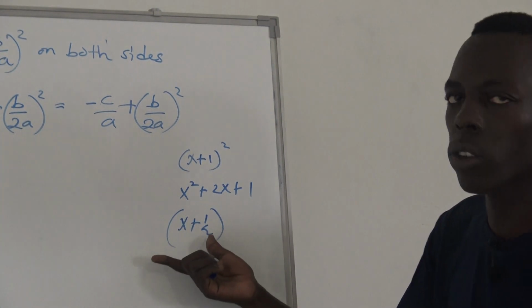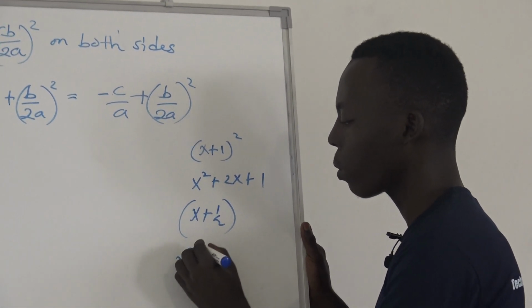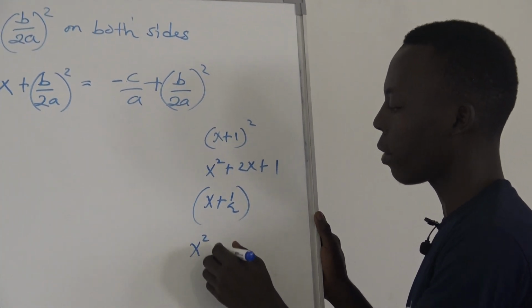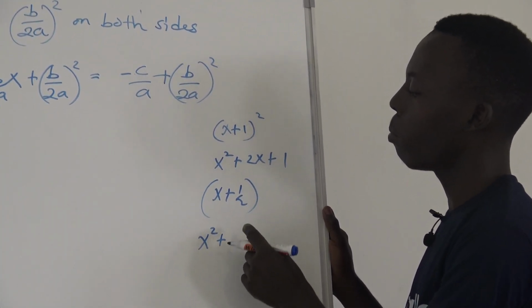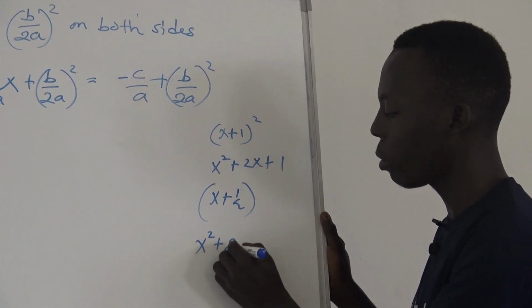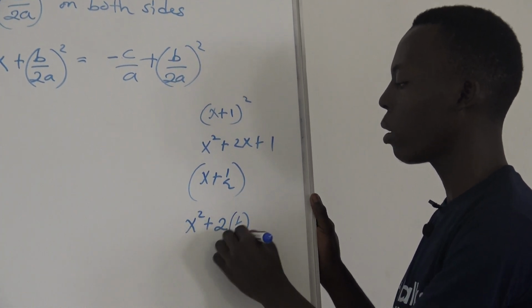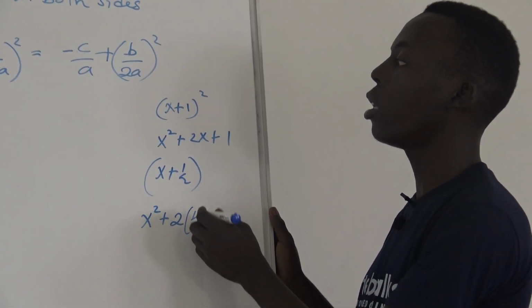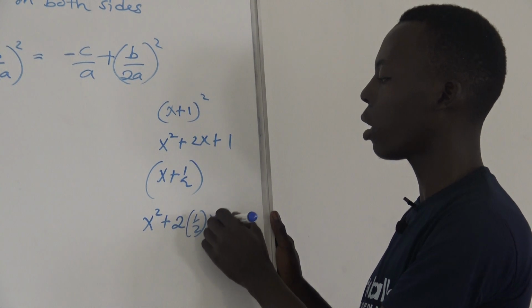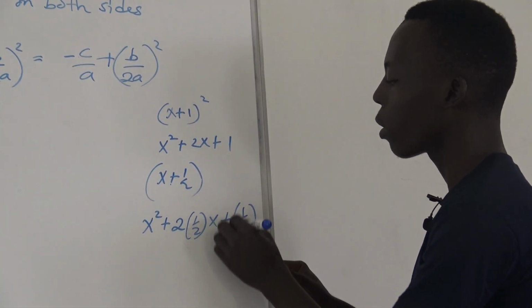So for this case, when you're expanding this, you get that value which is x squared, then plus, because this one is going to appear 2 times the half, so that's why you put it 2, then times that value of a half, then x, then we get also this one now squared, so it becomes a half squared.